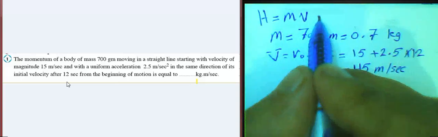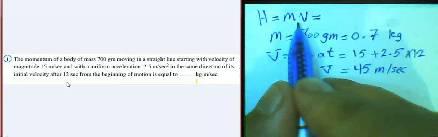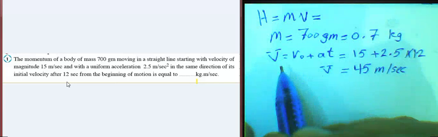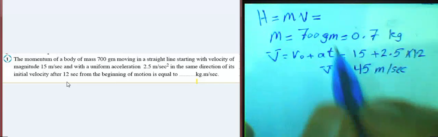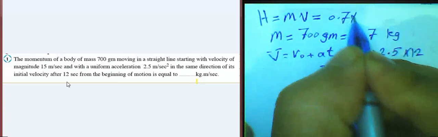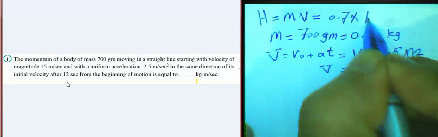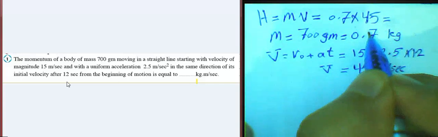Then we can find the momentum equal m multiplied by velocity. m was 0.7 multiplied by velocity was 45.